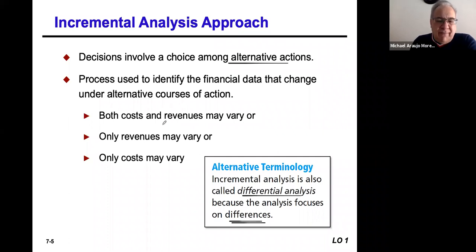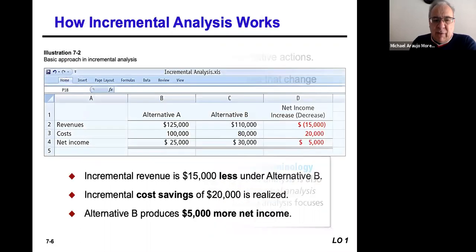So that's important. The financial data we're going to be using here involve both costs and revenues. And so in some cases, only revenue is going to change. In some cases, maybe only cost will change. But in many instances, both will change. And so it's important to sort of all know how to do that.